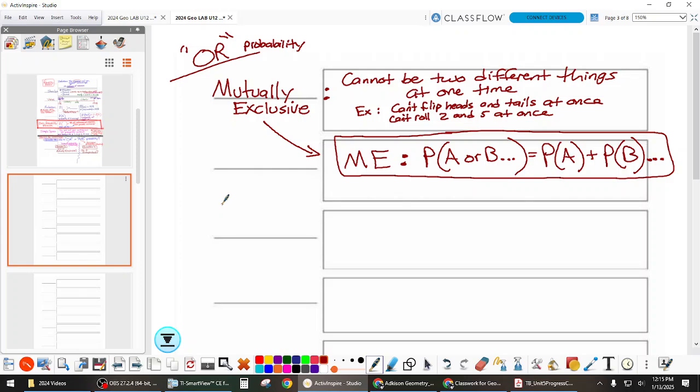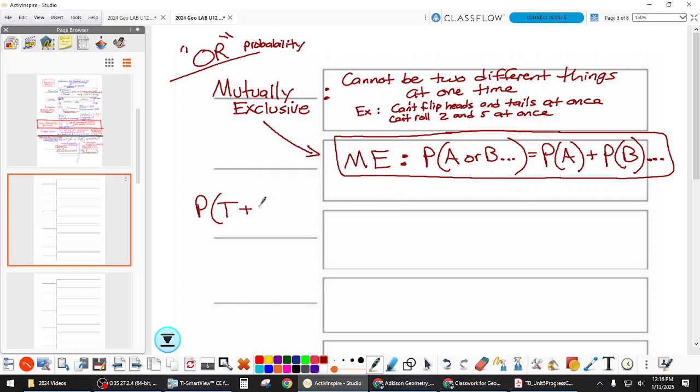Okay, so think about this. What if I asked, what's the probability of rolling a 6 on a die? Actually, let's simplify the numbers. What's the probability of flipping tails on a coin? It's 1 out of 2. Don't write this because I think we'll do a more complicated example. Probability of tails is 1 out of 2.